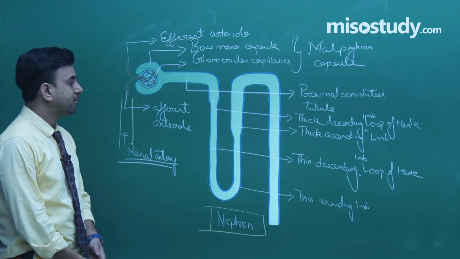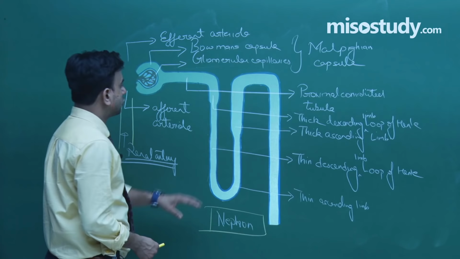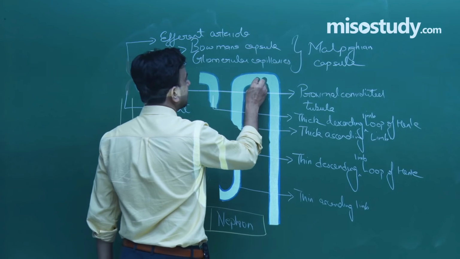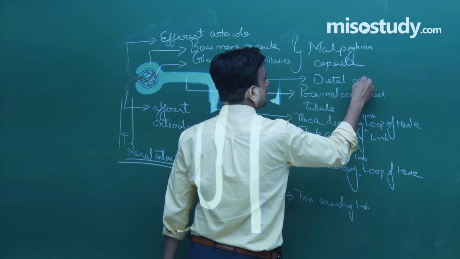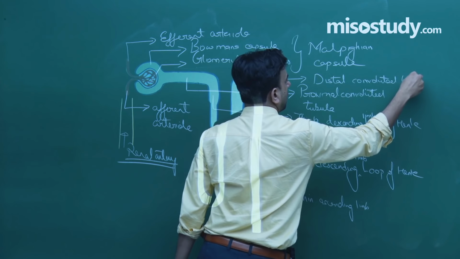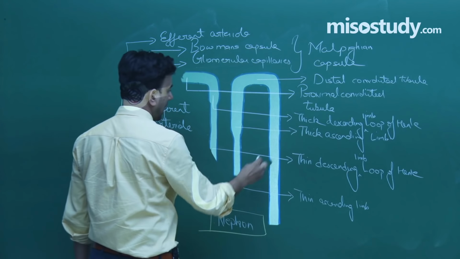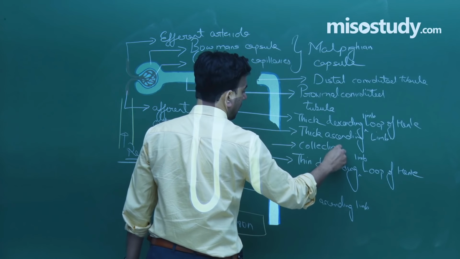So this is the loop of Henle, and this is the distal convoluted tubule. And this is the collecting duct.